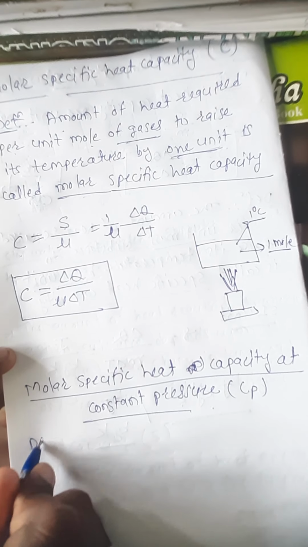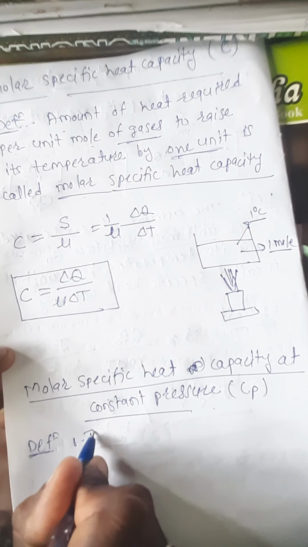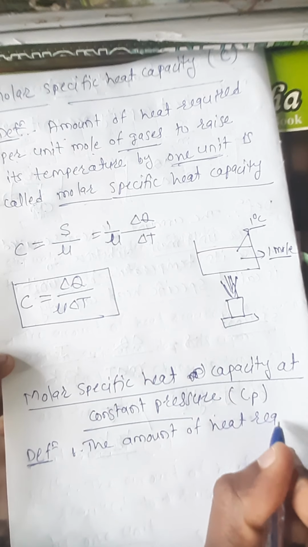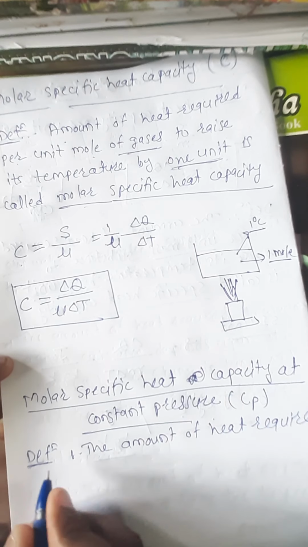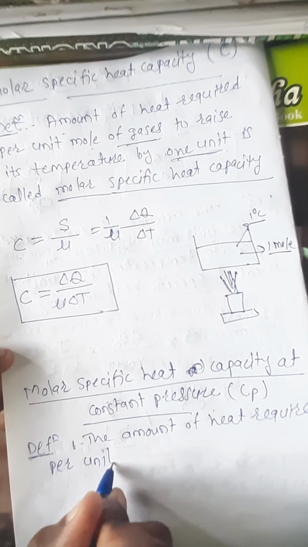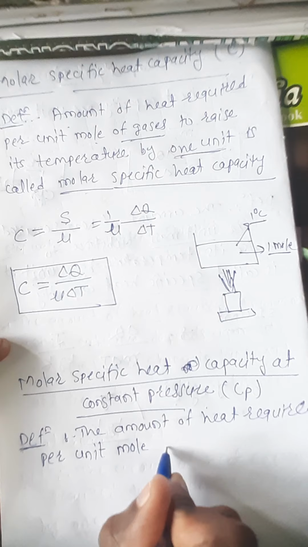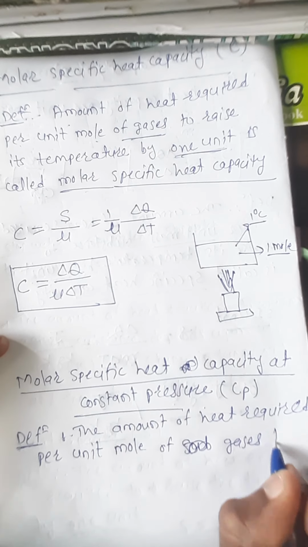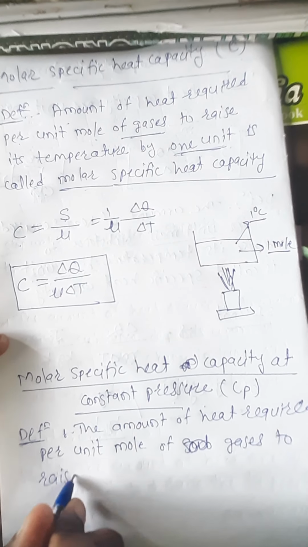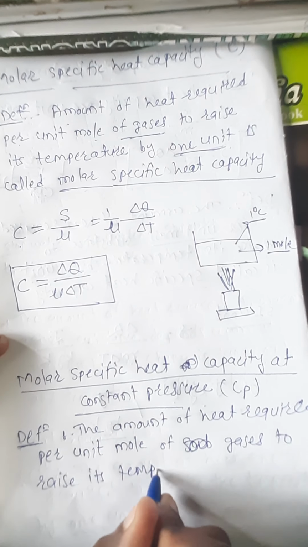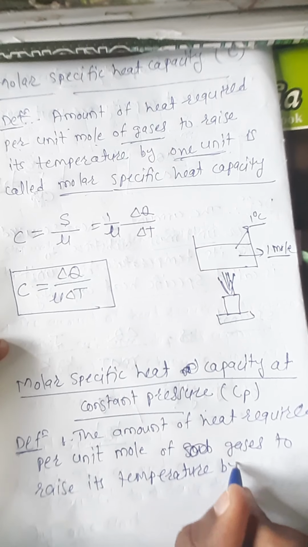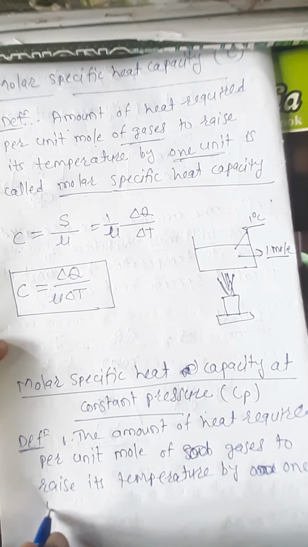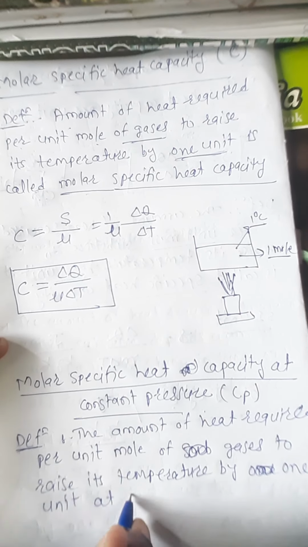And it is defined as the amount of heat required per unit mole of substance, per unit mole of gases, to rise its temperature by 1 unit at constant pressure.